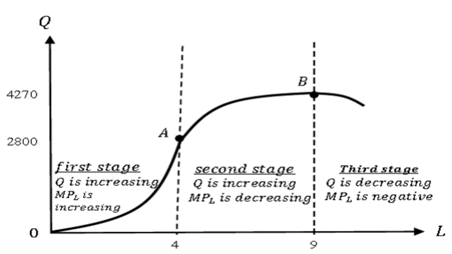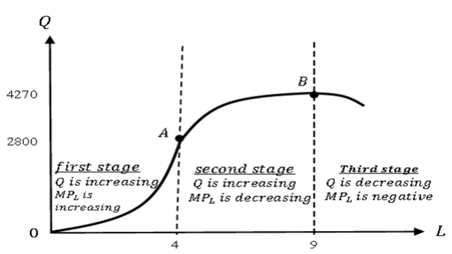We put the data on the graph. It will be like this: quantity produced on the vertical axis, quantity of labor on the horizontal axis. At the first stage, quantity produced is increasing and marginal product of labor is increasing, so quantity produced is increasing at an increasing rate.